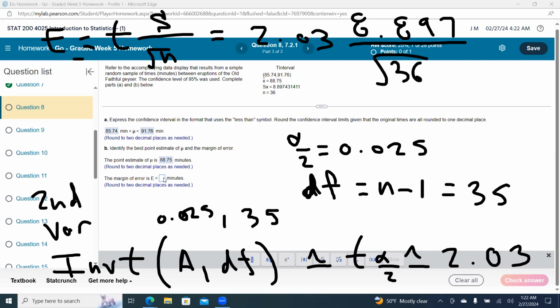The square root of 36 is just 6. So I get the margin of error, to 2 decimal places. What do I get? I get 3.01.